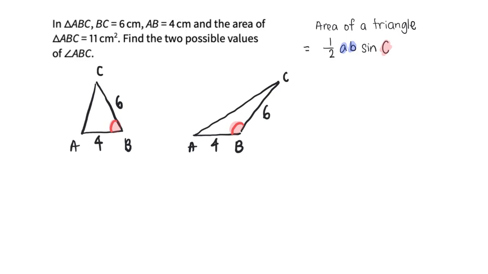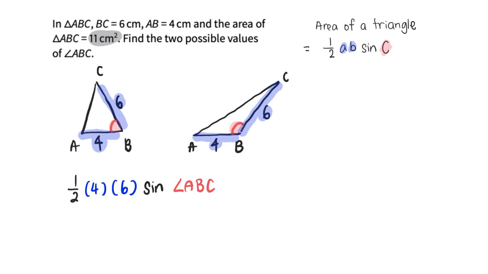And then, since I know that these happen to be my included sides, and given the area already, this is what Mr. Tan is going to do. I'm going to apply straight to the formula. Half times 4 times 6 times the sine of this angle, which we don't know yet, but it could be either obtuse or acute, is equal to 11 cm squared.